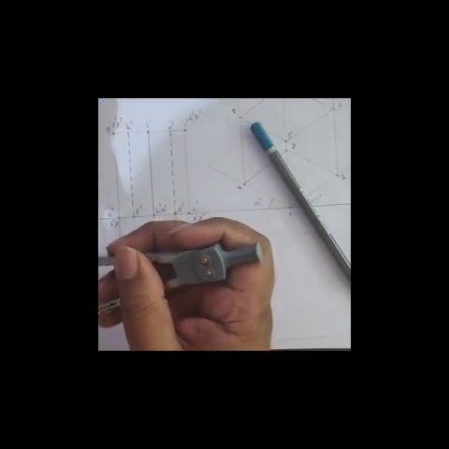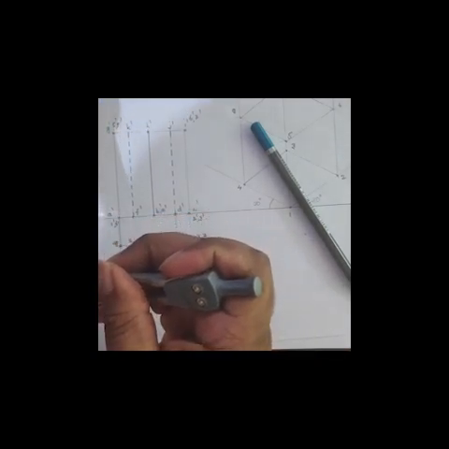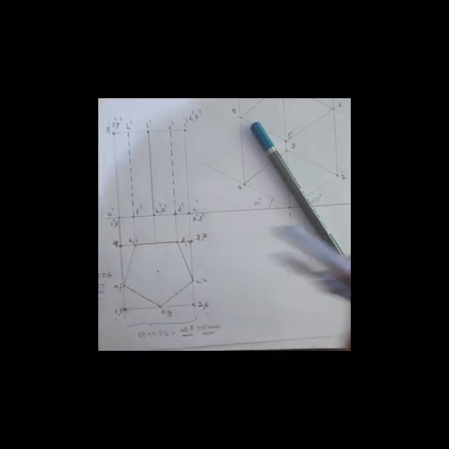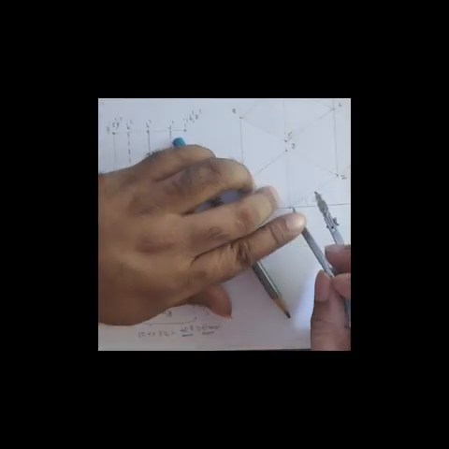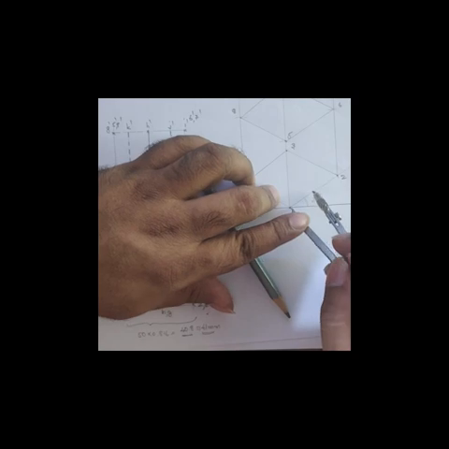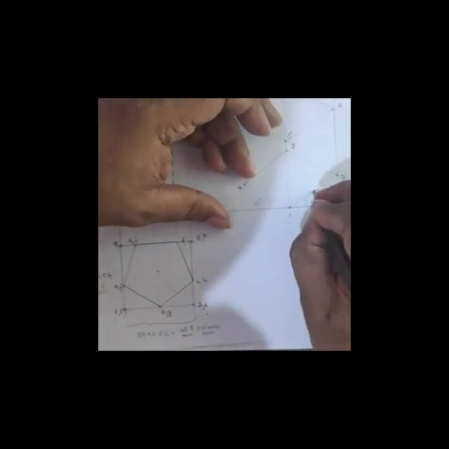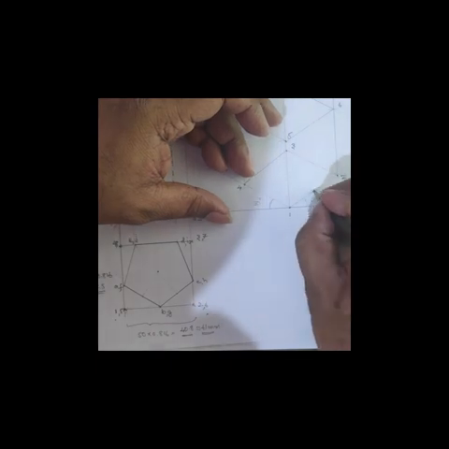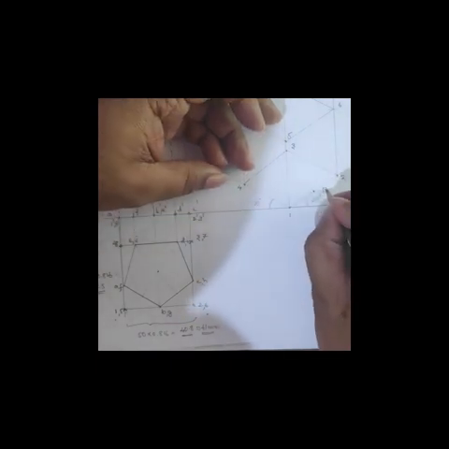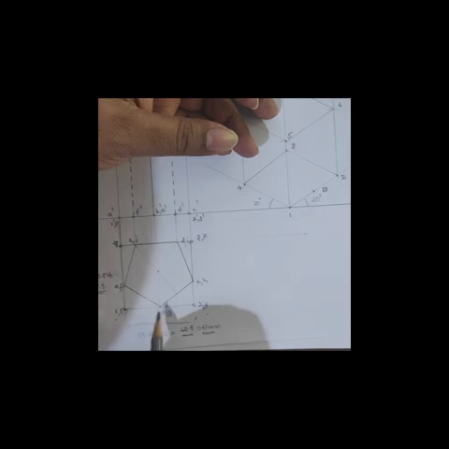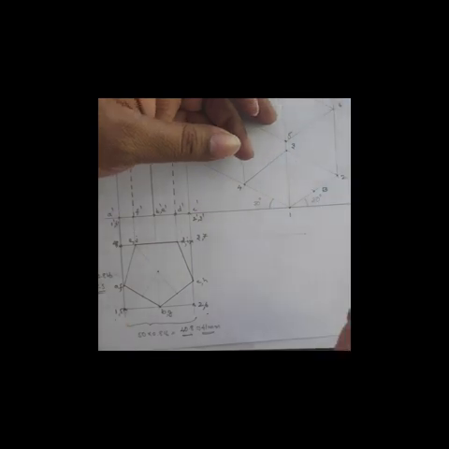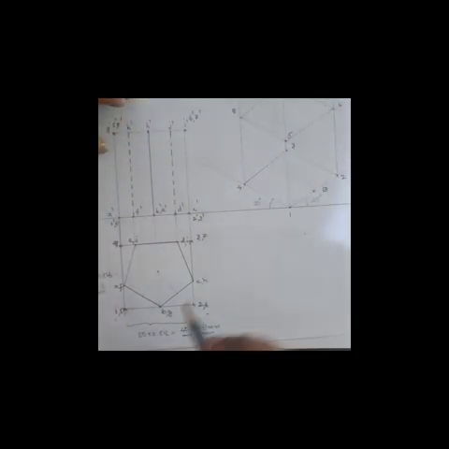Take 20.5 in your compass and mark that distance. This is the position of point B, because we know that point B is located on edge 1, 2 and it is the midpoint. You can mark point B here.